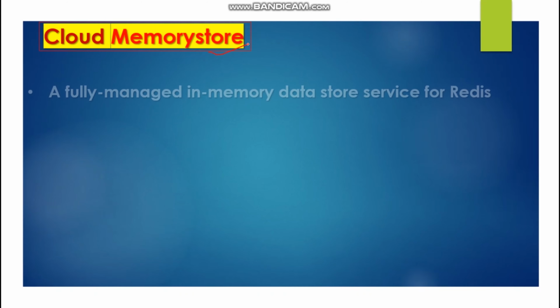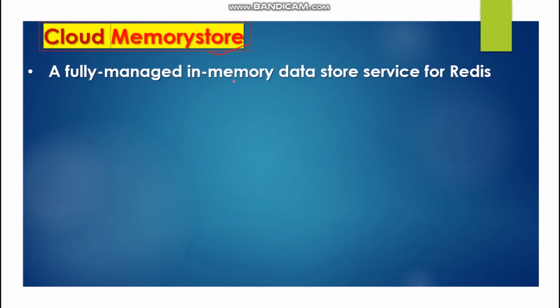Now let's have a look at Cloud Memorystore. It's a fully managed in-memory data store service based on Redis. Redis is a kind of database that acts as an in-memory store in an application.